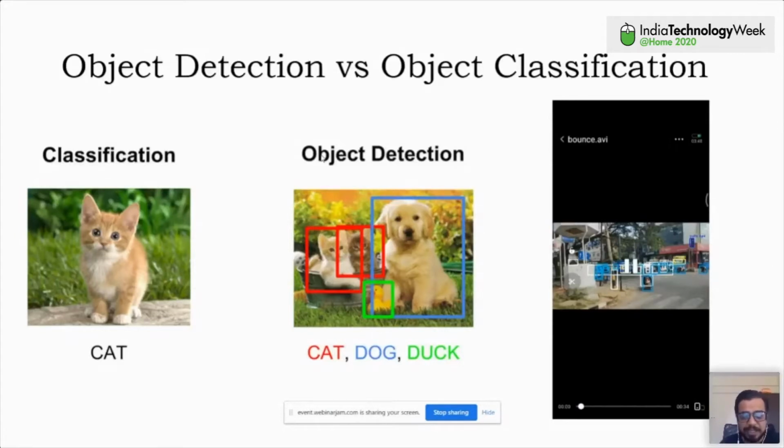You can see it will identify that this image has a cat, dog, and duck. It will also go further and tell you at which location they are present. This position is represented through an anchor box. These bounding boxes you are seeing here are anchor boxes. And if we apply the same object detection model to a video frame, it becomes an object tracker.